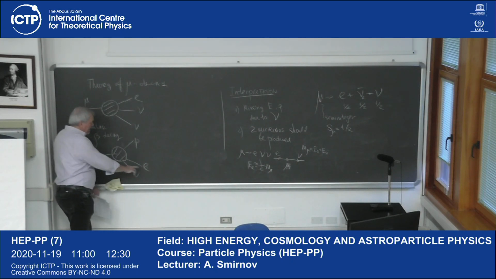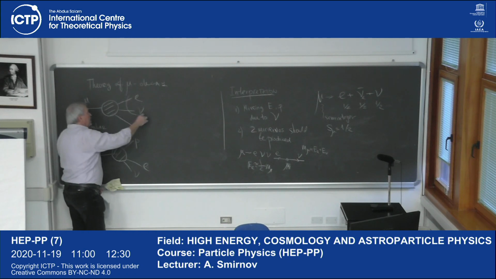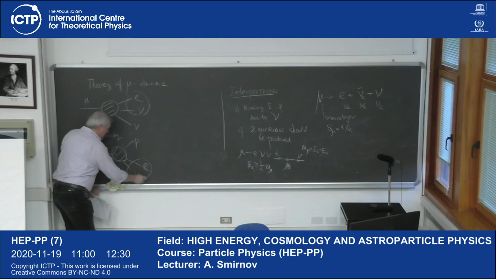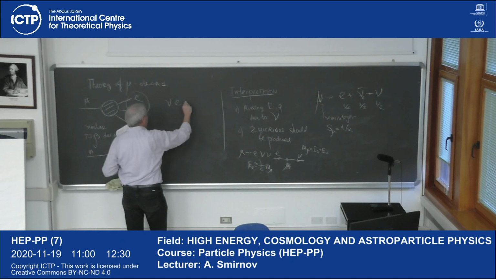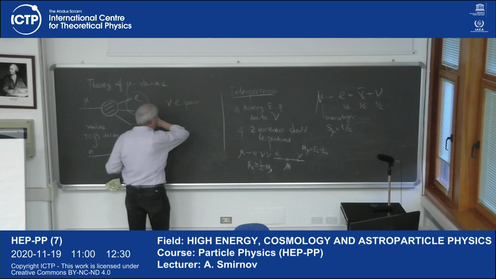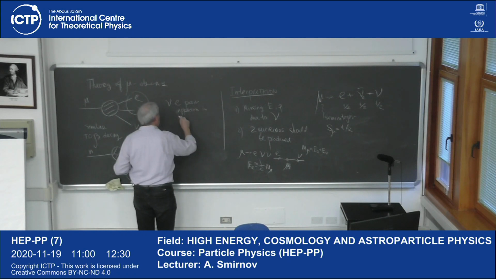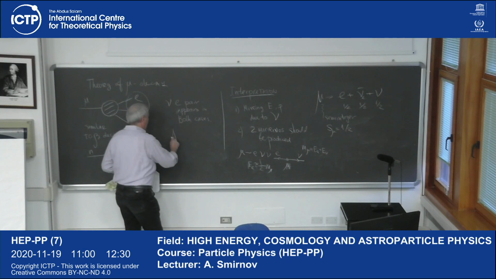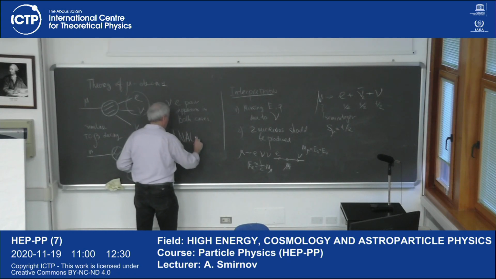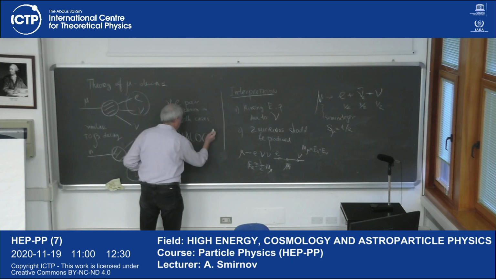So what is interesting is that the electron and neutrino pair appears here and it appears here. So we have the mu-e pair, which appears in both cases. And you see again the idea of analogy is very fruitful.